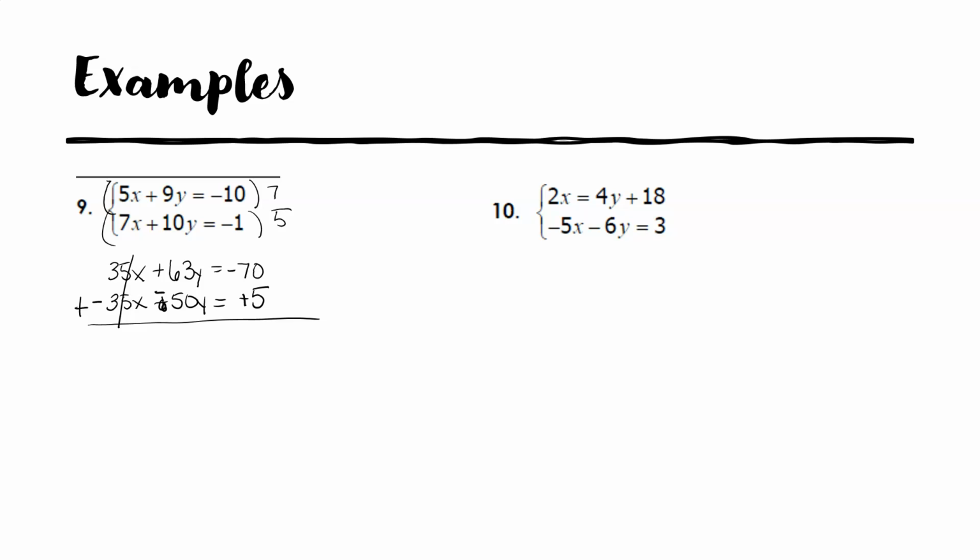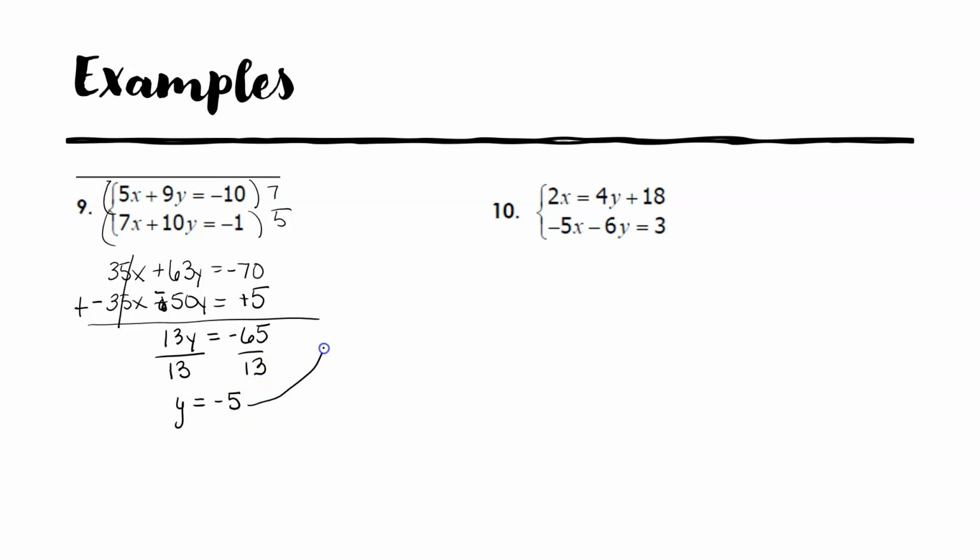And I have 63y minus 50y will give me positive 13y. And then negative 70 plus 5 will give me negative 65. Then I'm going to divide by 13, and y is negative 5.